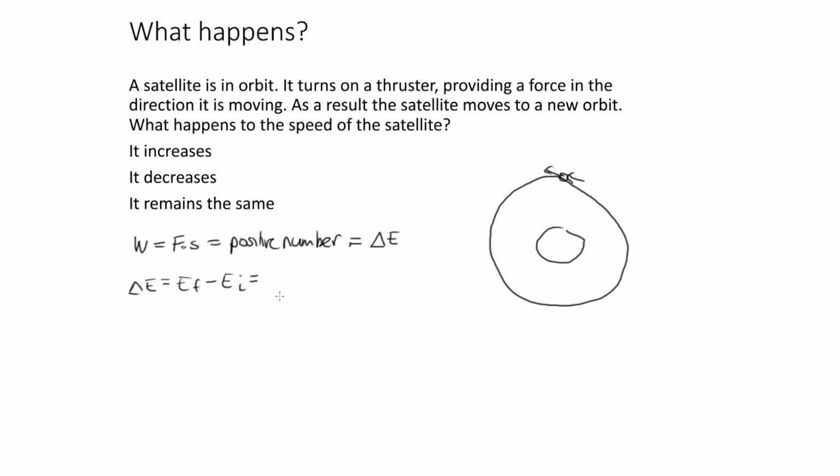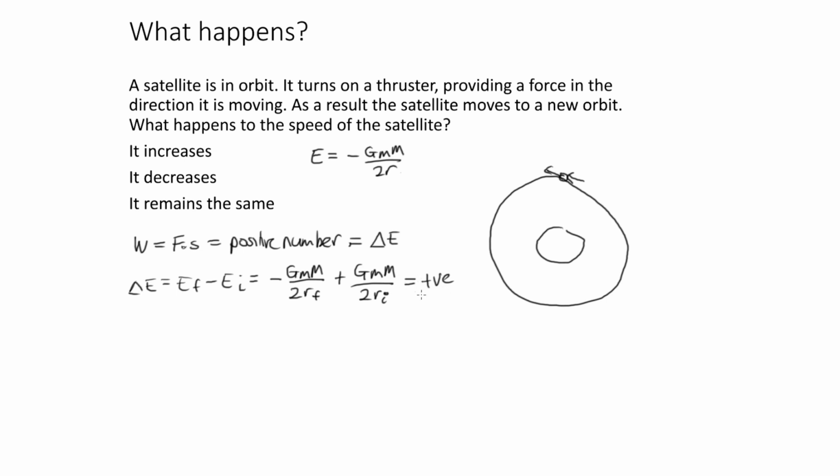And we've just seen on the previous slide that E was equal to minus GMm over 2R. So we can write, well, this is minus GMm over 2RF, and then plus GMm over 2RI, where RF is the final radius and RI is the initial radius. And this is equal to some positive number.